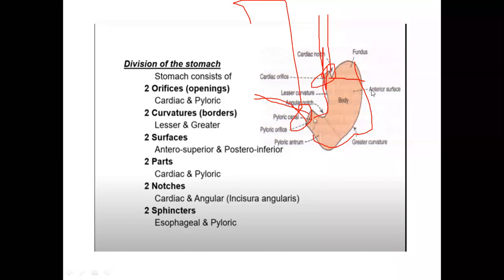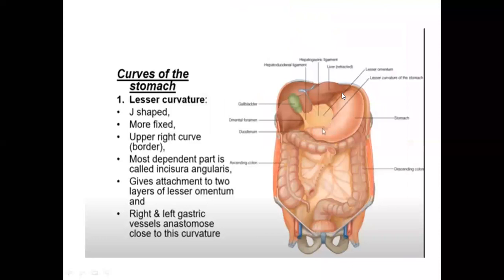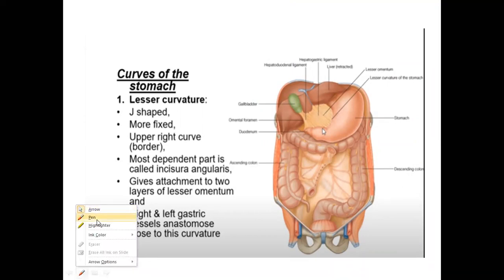It was visible here very clearly. Then, as I told you before, we have the two curvatures of the stomach. One of them is the lesser curvature, another one is the greater curvature. This part is the small curvature of the stomach, the lesser curvature, and the other one is the greater curvature of the stomach.